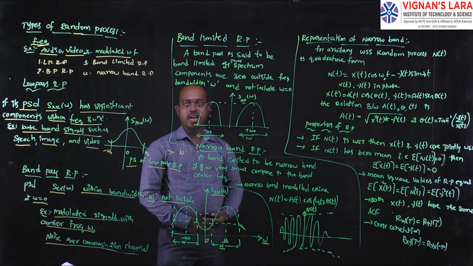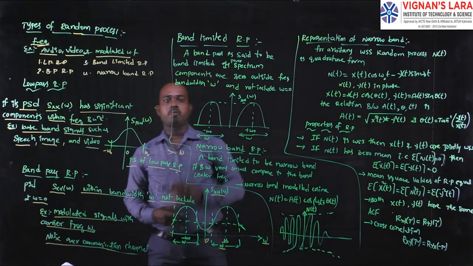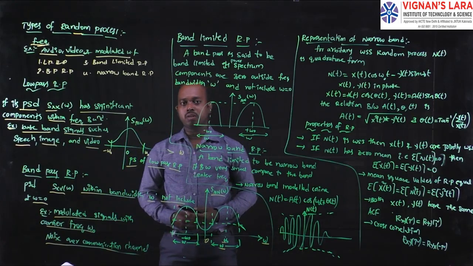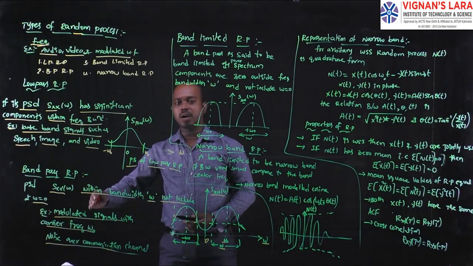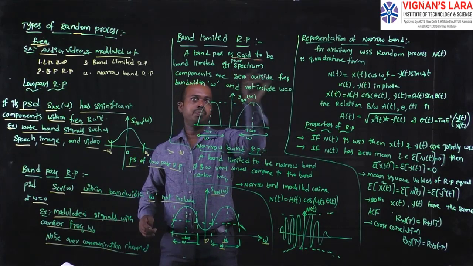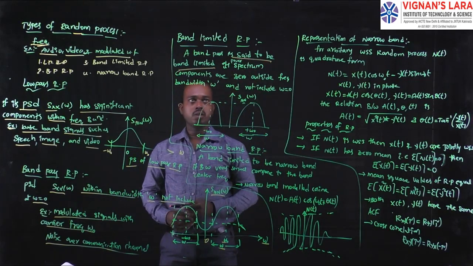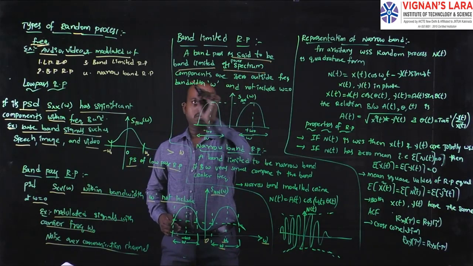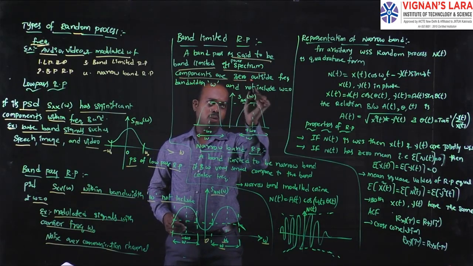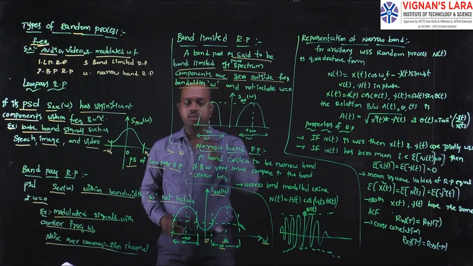Coming to the next category, the band limited random process. Here each and every one is interrelated. A band pass process is said to be band limited when its power spectrum components are 0 outside the frequency bandwidth.